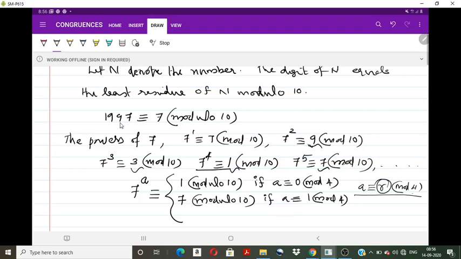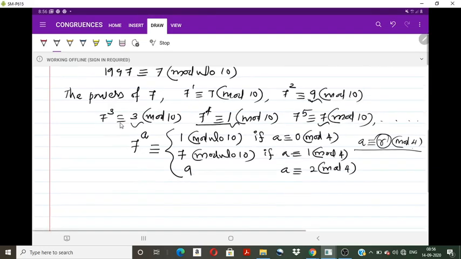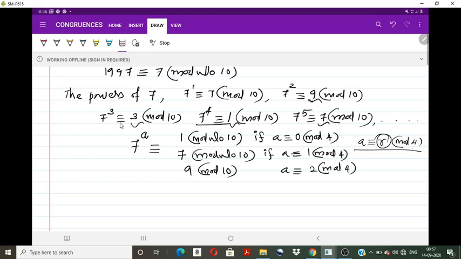Now if A is congruent to 2 modulo 4, it is 9, so 7 raised to A is congruent to 9 modulo 10. Then if A is congruent to the last one, 3 modulo 4, then 7 raised to A is congruent to 3 modulo 10.